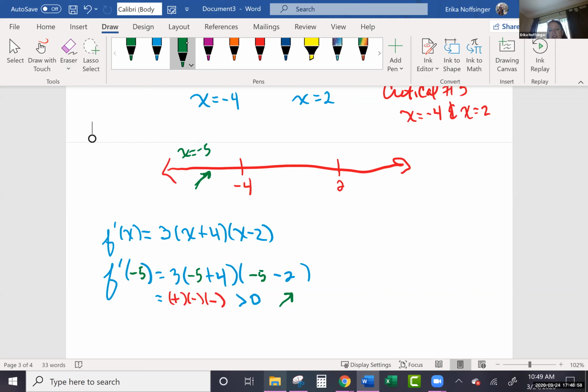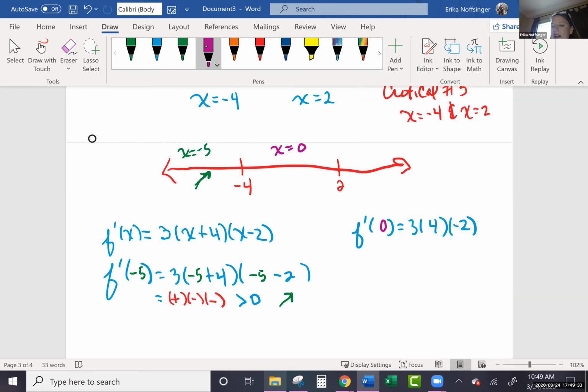And so again, you want to choose a number now to the right of negative 4, but to the left of 2, so in between negative 4 and 2. So choose any number. If we chose x equals 0, that's in that interval, and it's always the easiest. So if we plug 0 into the derivative, 3 all times 0 plus 4 is 4, 0 minus 2 is negative 2.